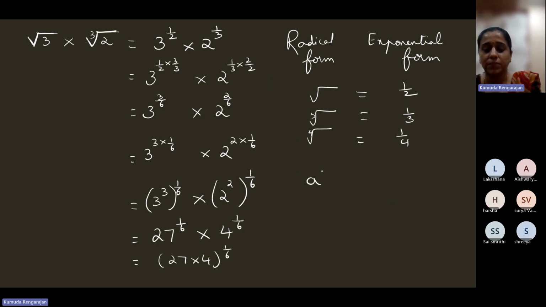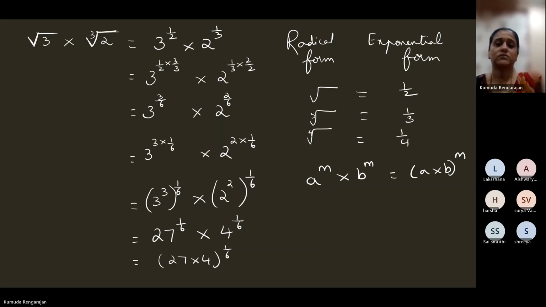a to the power m into b to the power m is equal to a into b, the whole power m. When the bases are different, but the powers are the same, multiply the bases and raise it to the same power. So 27, 4.